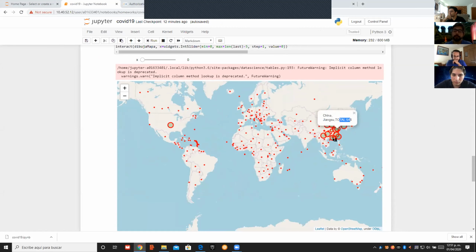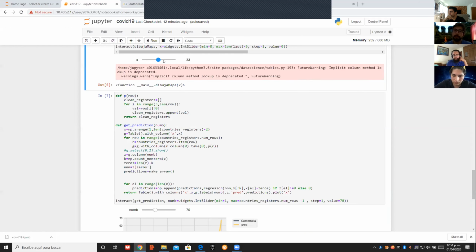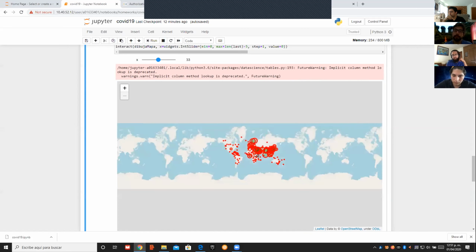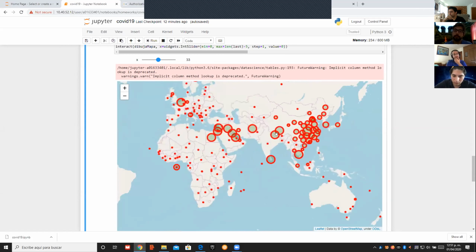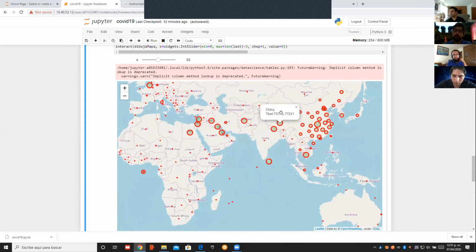So, for example, each point of China will have the whole country's register. If we check this day, we have different information.